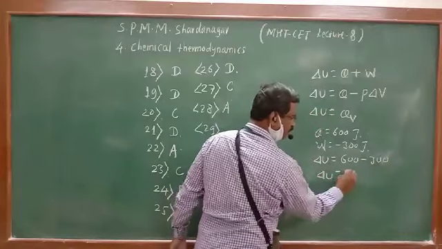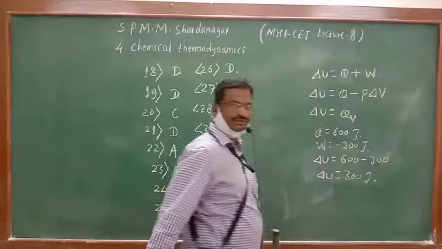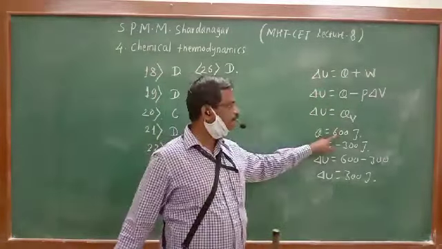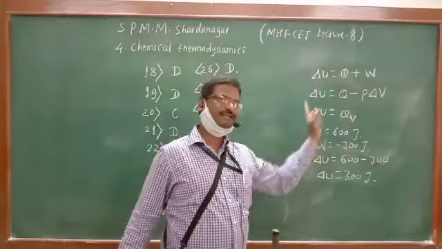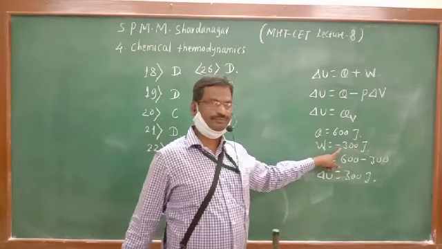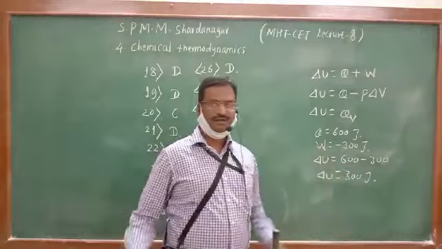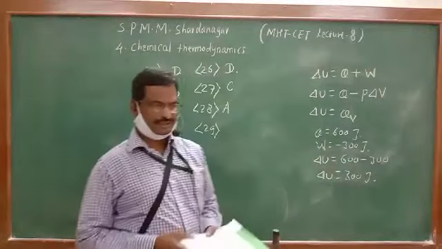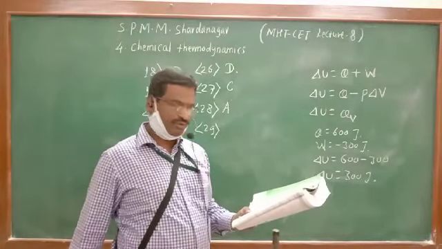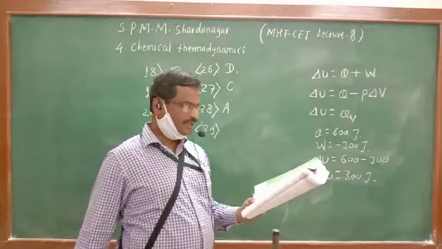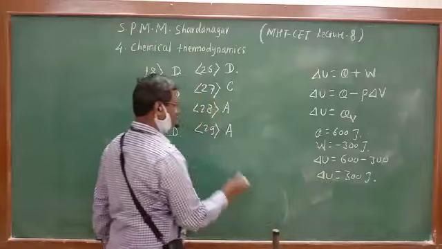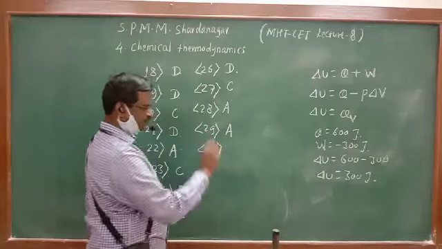So delta U will be equal to 300 joules. Since heat absorbed is given and work done by system to surrounding is given, that is the work of expansion, so take it as negative. Options: A 300, B 400, C 500 and D 600. So option A is correct, that is 300 joules. Now question number 30.